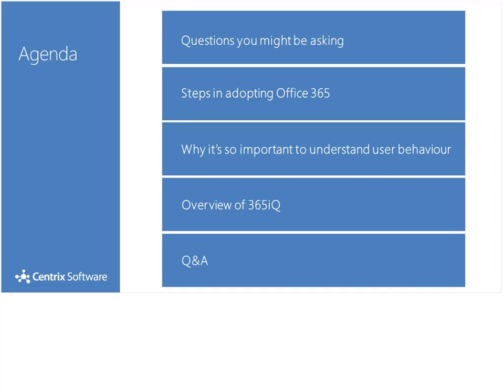I'm going to talk about why it's important to understand user behaviour to get the most out of your migration and any plans that you might make, any decisions that you might want to undertake. I'm then going to give you an overview of 365 IQ from Centrix Software, which is an analytics solution, and then at the end just an opportunity for Q&A.